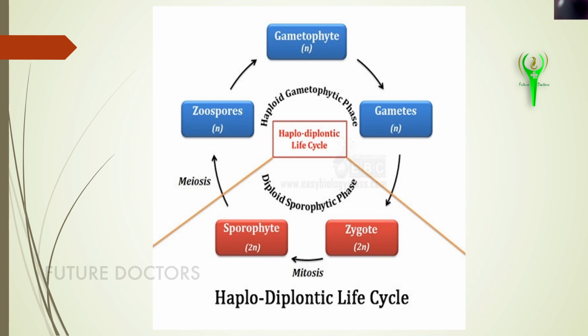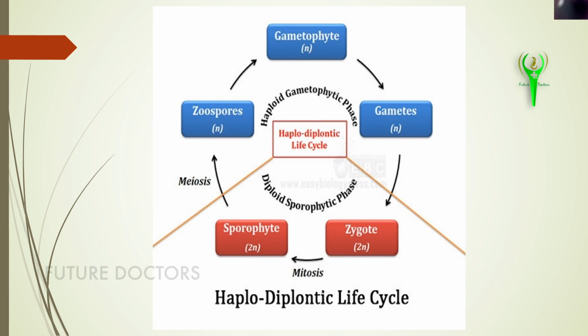All bryophytes represent this pattern. In the other pattern, the diploid sporophyte is represented by a dominant independent photosynthetic and vascular body. It alternates with a multicellular, saprophytic, independent but short-lived haploid gametophyte. Such a pattern is known as the haplodiplontic life cycle. All pteridophytes exhibit this pattern.